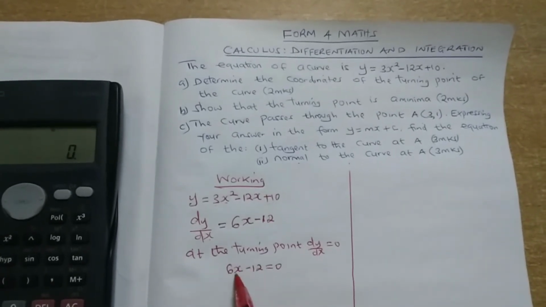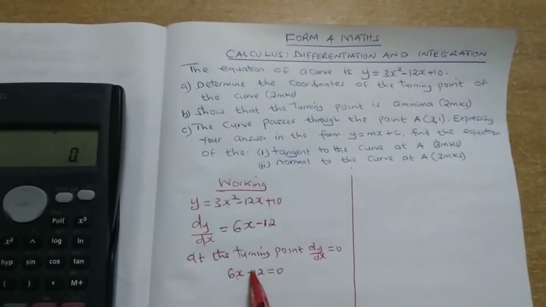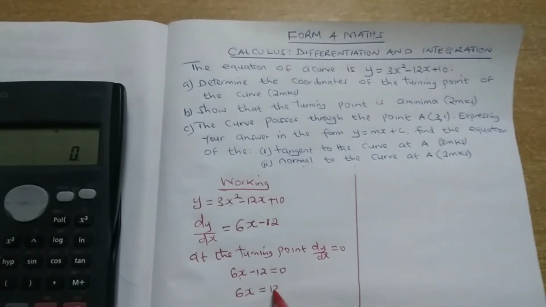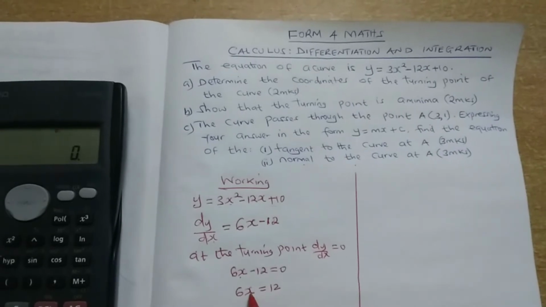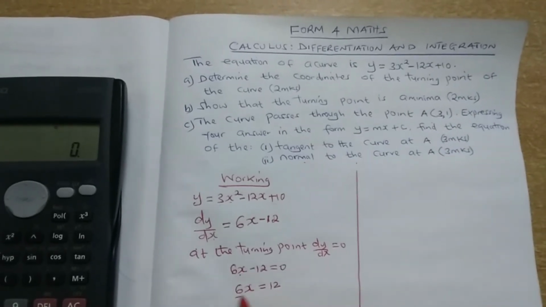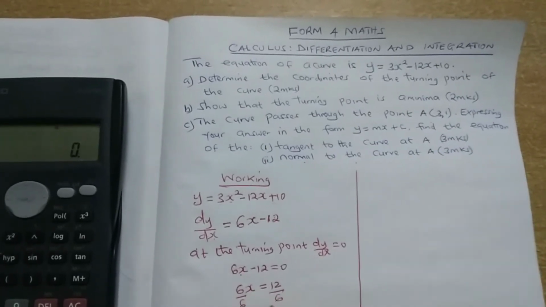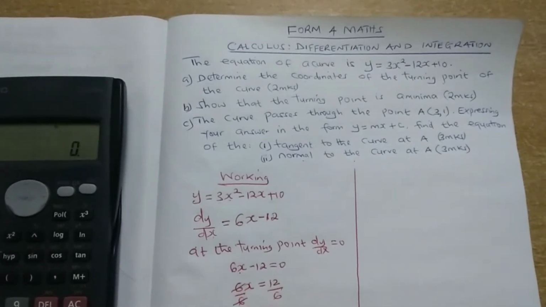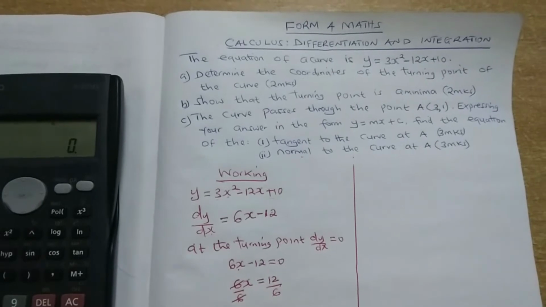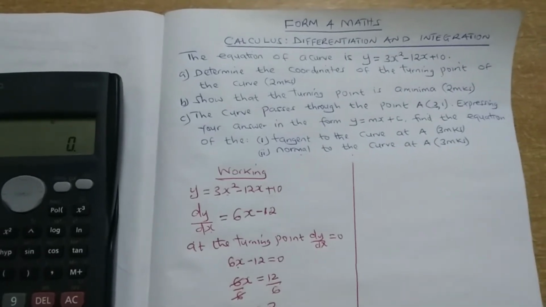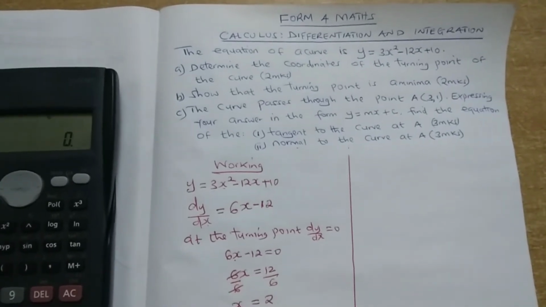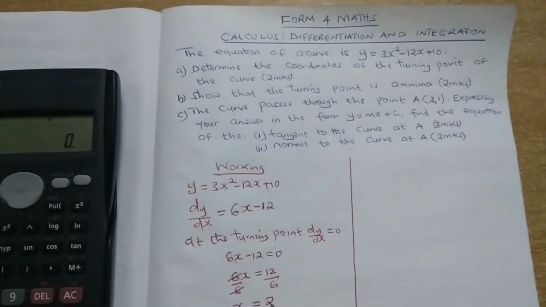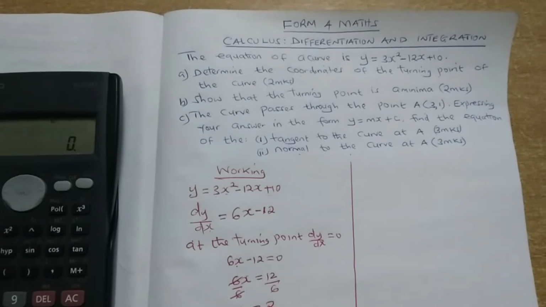Then from here we can get the value of x. If you take minus 12 to the other side, we remain with 6x is equal to positive 12. To get the value of x, you divide by 6 on both sides, such that 6 and 6 cancel, remaining with x, and x is equal to 2. Since we are looking for the coordinates of the turning point, we have the x coordinate, so we need the y coordinate.